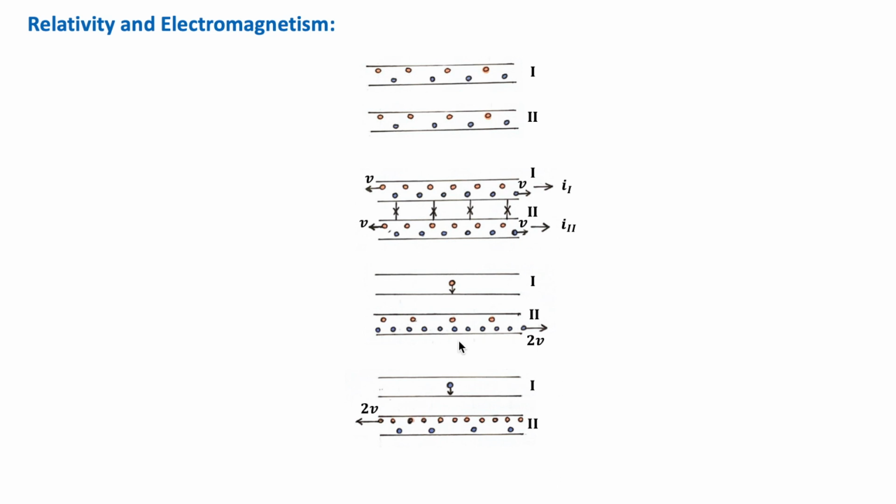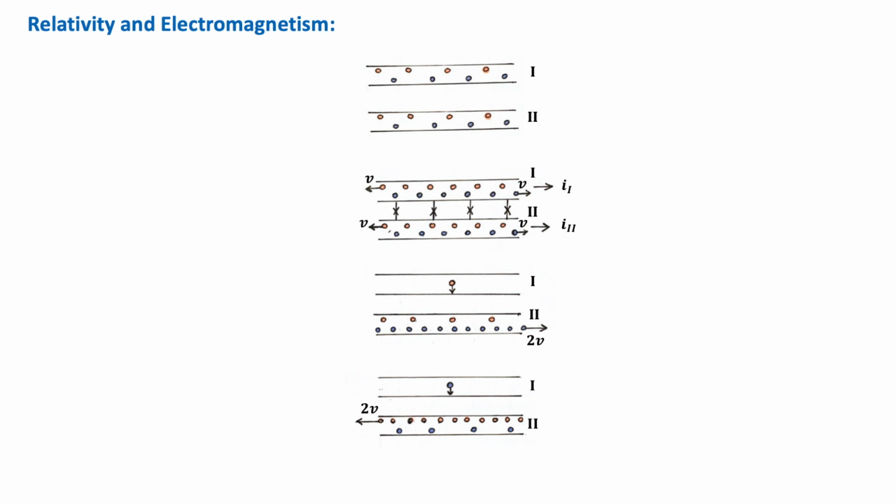But the positive charges in 2 will now have a velocity of 2v relative to this frame of reference, and the spacings between them are contracted by a greater amount than in this case, which is relative to the laboratory frame, okay? And so relative to this frame of reference here, conductor 2 appears to have a net positive charge, resulting in an attractive force acting on the negative charges in conductor 1.